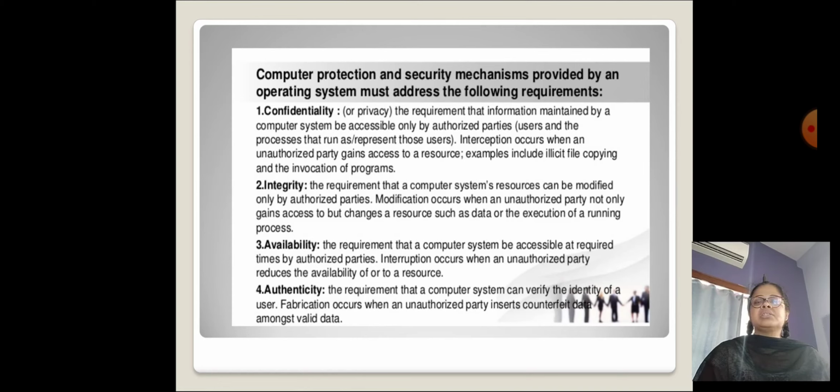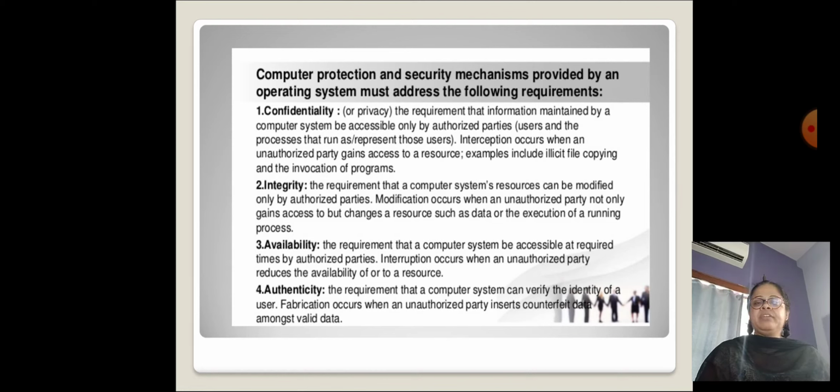Interception occurs when an unauthorized party gains access to a resource. Examples include illicit file copying and the invocation of programs.